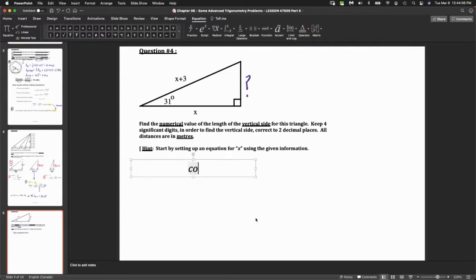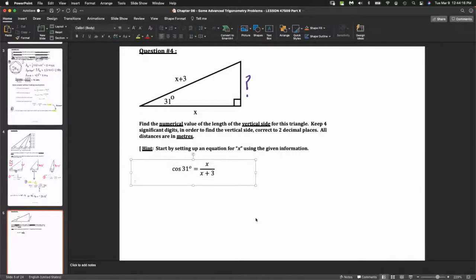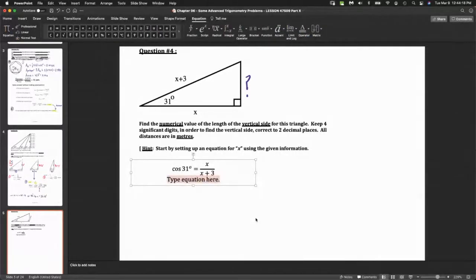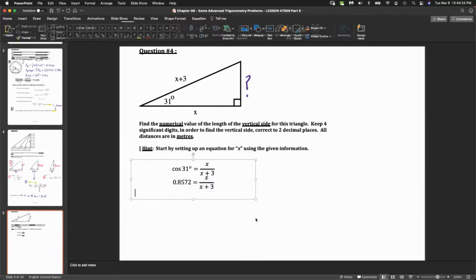So using SOH CAH TOA, I noticed that cos of 31 is equal to x over x plus 3. Cos of 31, I'll just go with a decimal there. And then I'll cross multiply.